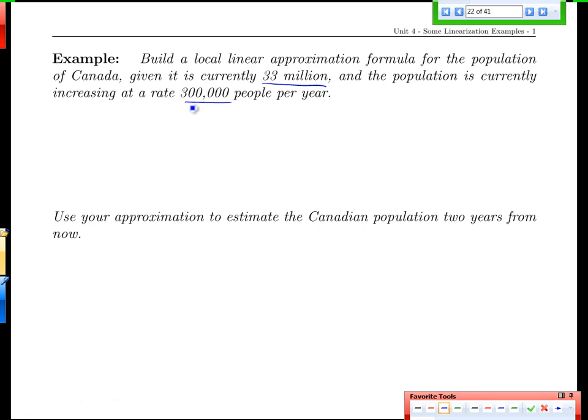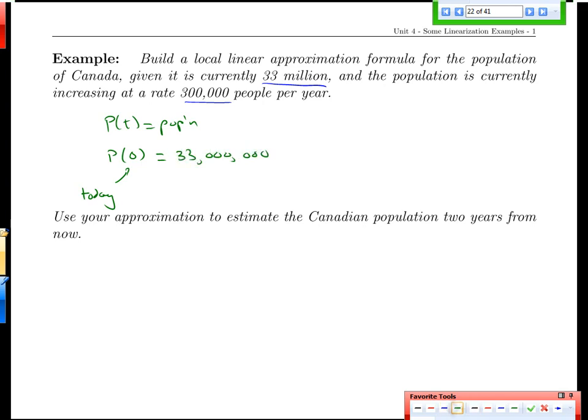In particular, if we call P of t our population, and we call P of 0, let's call that today, we say that's 33 million.